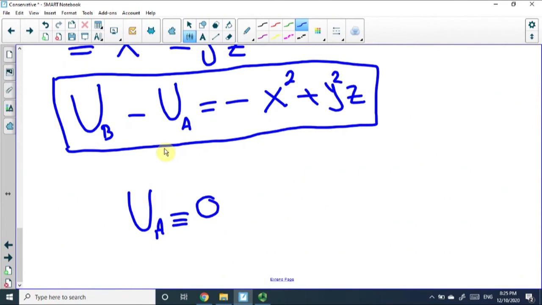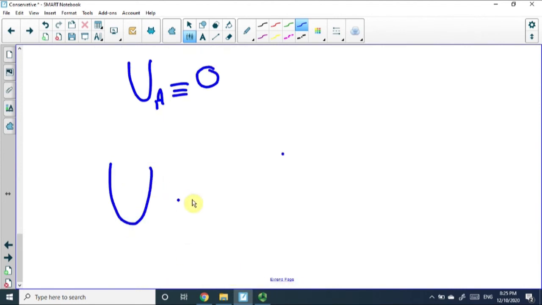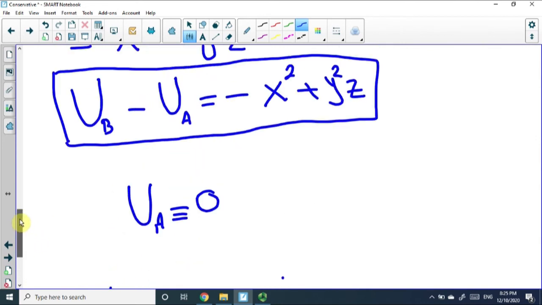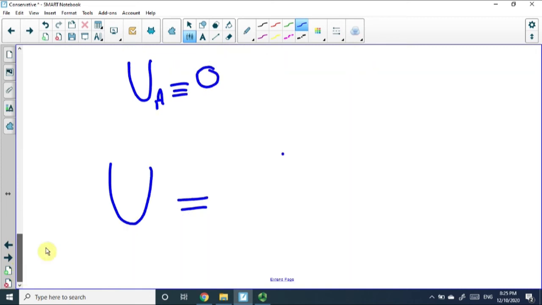And then the final potential energy at a very general location, let's just call it U, is equal to the expression that we calculated, which is minus x squared plus y squared z.